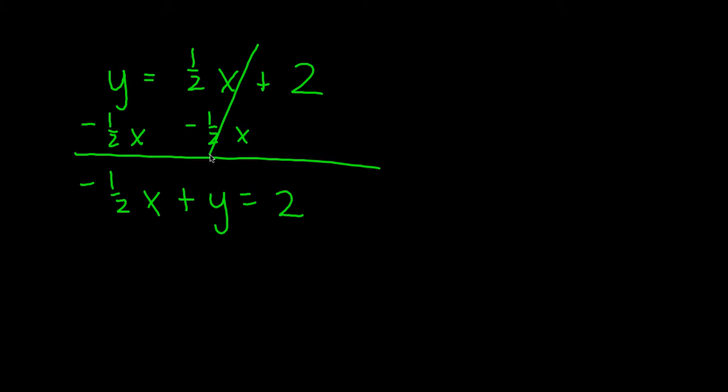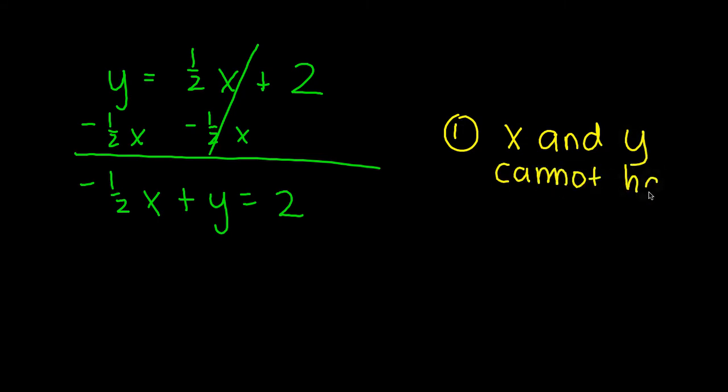We have two special rules about standard form. Rule 1: x and y cannot have negative coefficients. I take that back, that's not entirely true. Let's go back for a second. We want to say that x and y cannot have fraction coefficients.